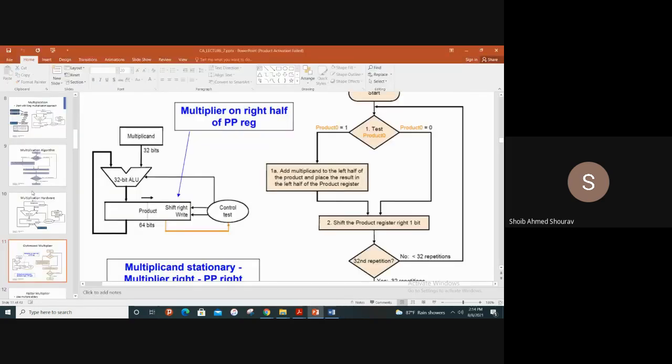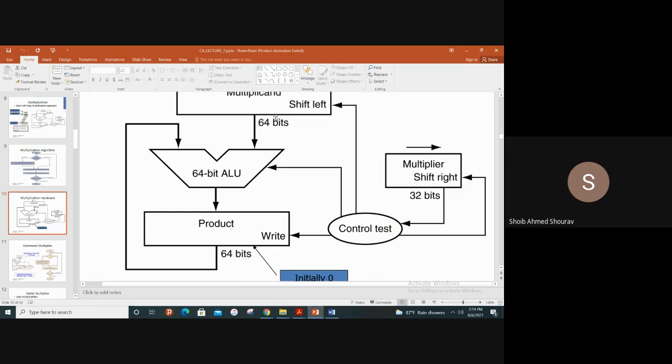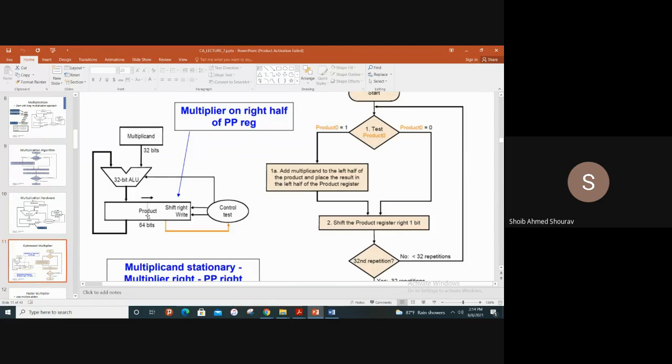Remember, in previous algorithms, we had to take multiplicand and product as the double of multiplier. But now you can see multiplicand will be half of the product and multiplier also. In here, 64 bits: left 32 bits for product, right 32 bits for multiplier.